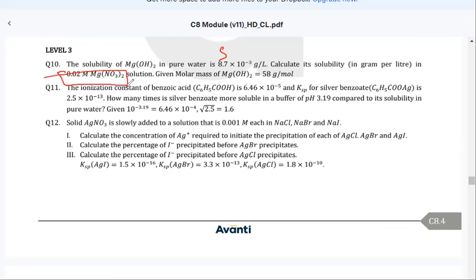Yes. And this is in gram per liter, so you can calculate in mole per liter, which is 8.7 into 10 to the minus 3 by 58 mole per liter.